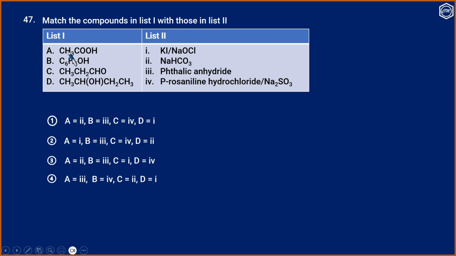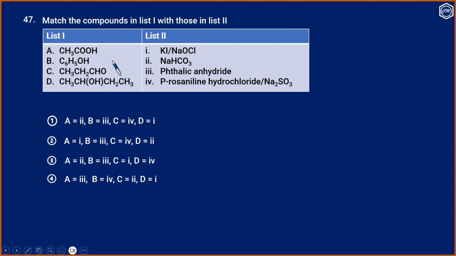Then acetic acid, and since it is a carboxylic acid, it dissolves in sodium bicarbonate, liberating carbon dioxide. So we can connect A to 2. Then phenol, and we know that phenol combines with phthalic anhydride.